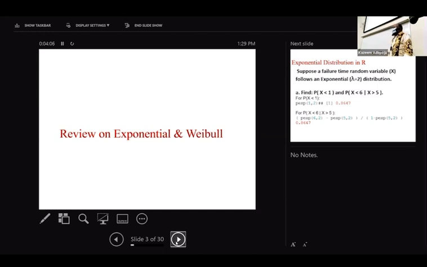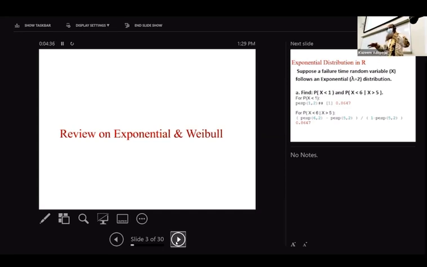Previously, I told you we have some probability distributions under the discrete type that I've walked you through, like binomial, negative binomial, hypergeometric, and so on. But we also have the probability distributions of the continuous type. Of course, I've walked you through the normal distribution, the exponential distribution, and the Weibull distribution.